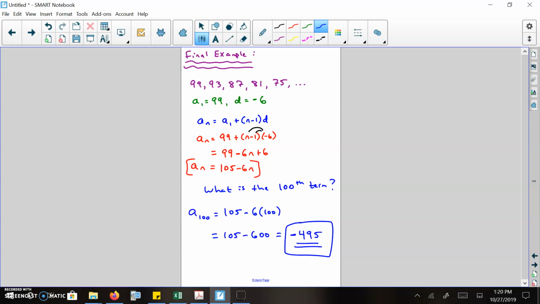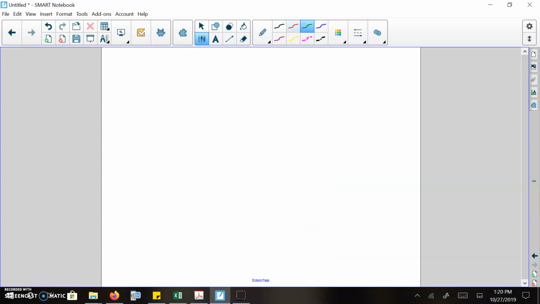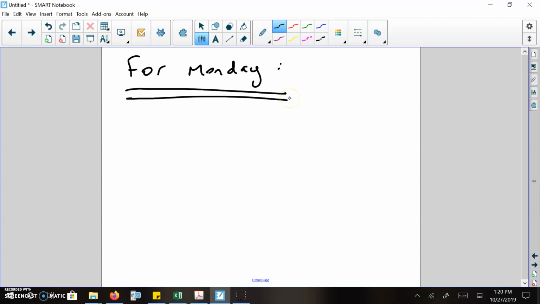Okay, so for Monday, all I'm looking for you guys to have is these notes written down and also this example completed. What I want you guys to do here is use this sequence. Let's try 21, 24, 27, 30, 33, and so on.